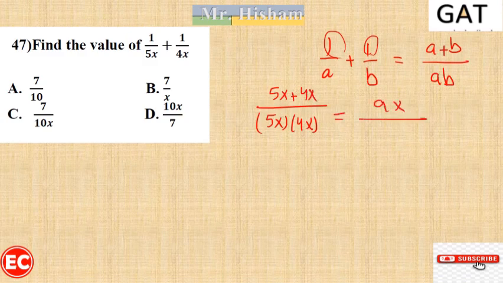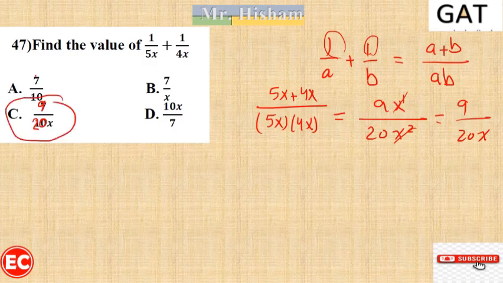So it's 9x over 20x squared, and by dividing x with x, it's 9 over 20x. Fortunately, the answer is not here, but you can change the answer of any one of them to 9 over 20x. So for example, let's change this one to 9 over 20x, so the right answer will be C.